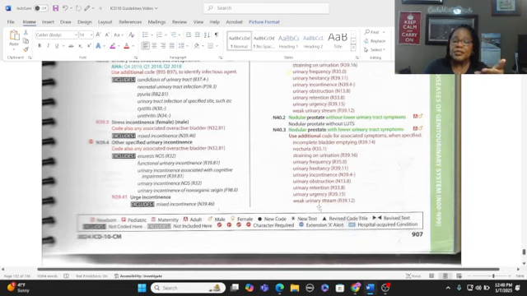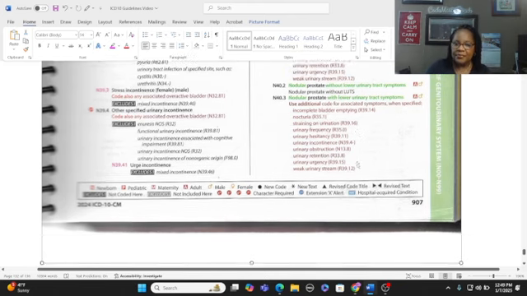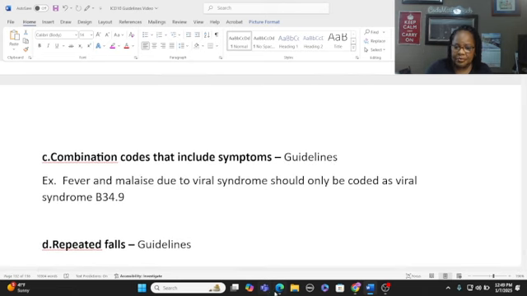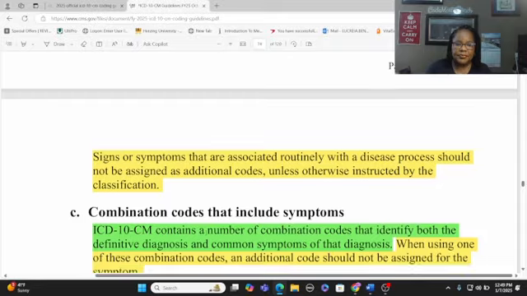If any of those symptoms is documented by your provider along with the diagnosis of nodular prostate with lower urinary tract symptoms, then also assign those symptom codes. Okay? All right, we're down to C, combination codes that include symptoms. So let's see what C says.